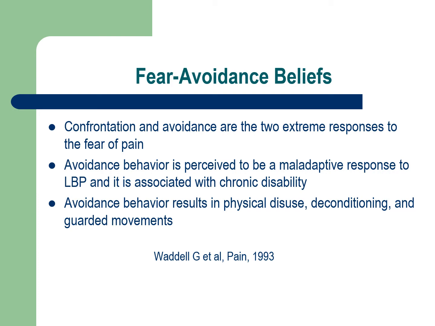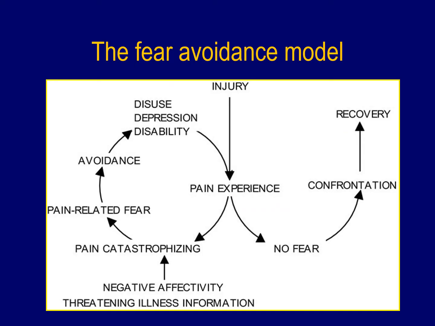This is just a graphic that shows you what we just talked about in the last slide. We have that injury experience, and we can go one of two ways. We can go toward the confrontational side, where we see individuals who go through rehabilitation. They're not necessarily concerned about re-injury or making themselves a whole lot worse, and so they usually have a pretty good outcome.